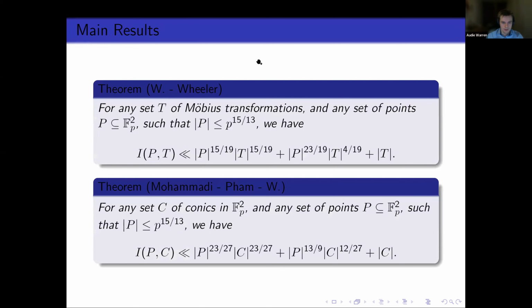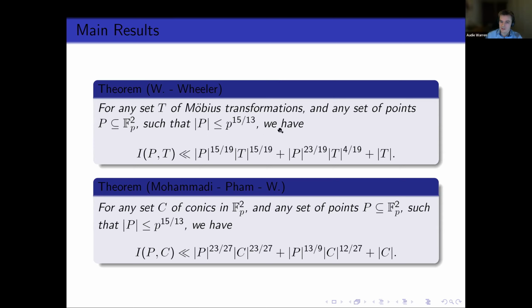Okay, main results. Then I'll swap over to a whiteboard, and we'll do the rest of the talk there. The important thing here is not the numerology. There are lots of numbers here, and it's not so important that you understand what they are. The first one says, let T be any set of Möbius transformations and P a set of points in FP2. We again have this restriction that our point set can't be too big, so that we can't take some degenerate thing where we take all of our points and all of our transformations.